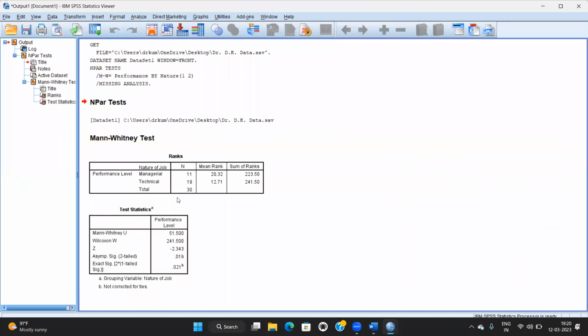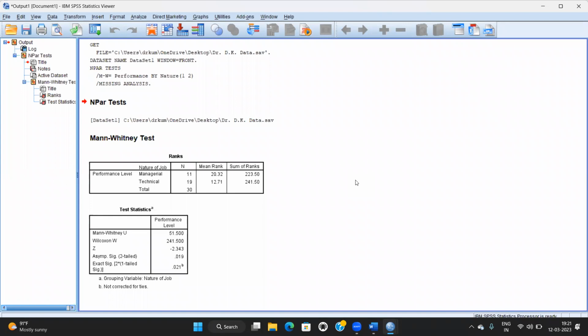So these are the results of the Mann-Whitney U test. There are two tables as usual. The first table contains descriptive data. In the case of independent sample t-test, we got the number, that is frequency, then mean, then standard deviation.